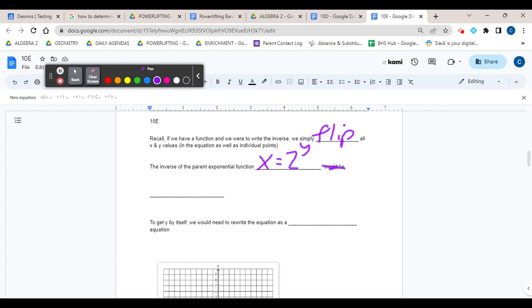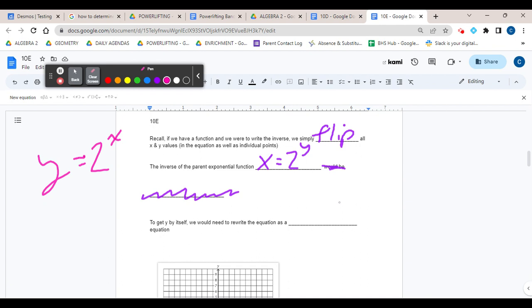Because the original exponential function is y is equal to 2 to the x power. And so the flip of that is x is equal to 2 to the y power.